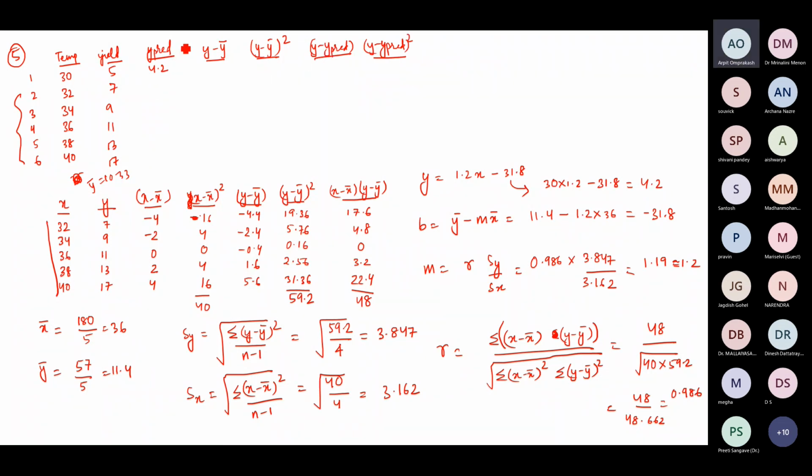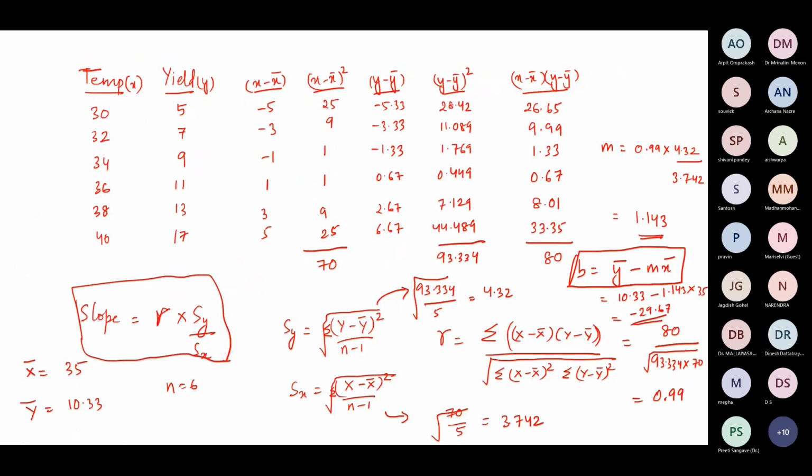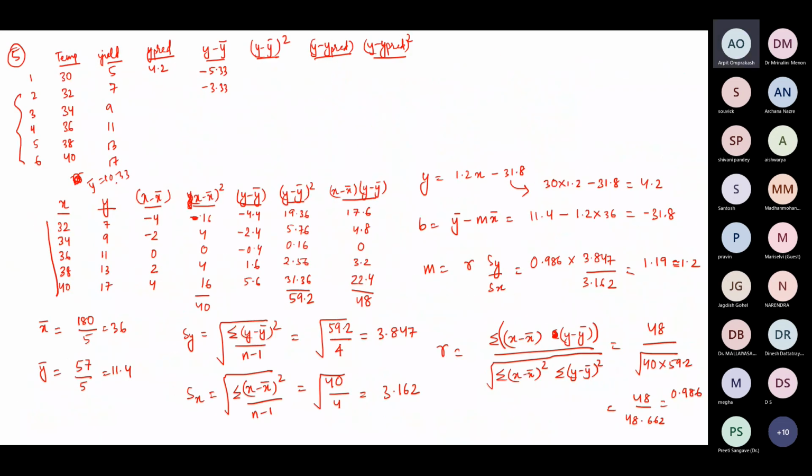In this y bar, you will use all these values. So y bar is 10.33, which we calculated earlier. So y minus y bar is 5 minus 10.33, which is minus 5.33, minus 3.33, and so on. Then you will square these values, which we also did, somewhere around 28.42, and so on.